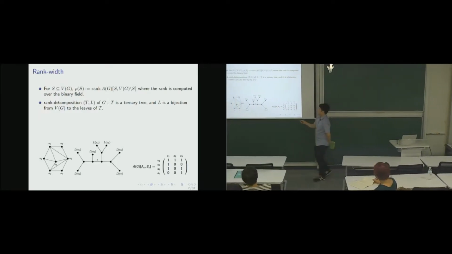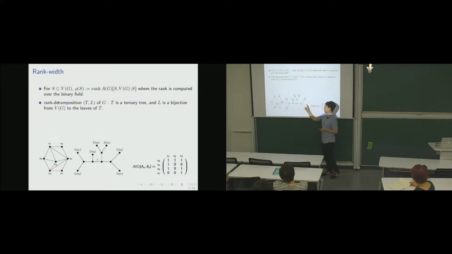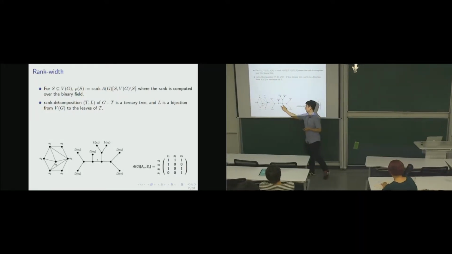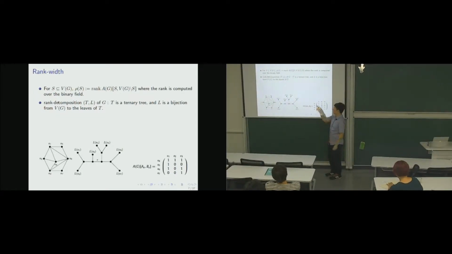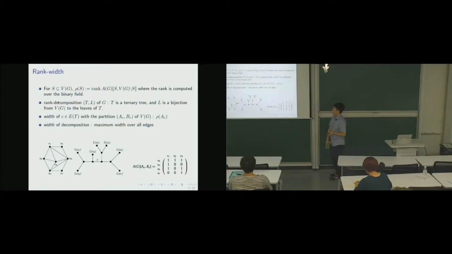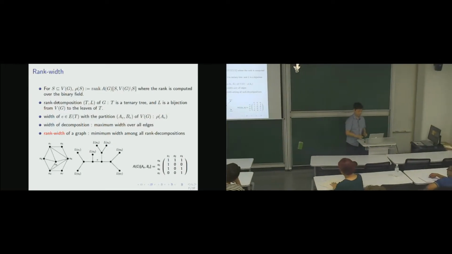And the rank decomposition consists of a tree whose internal vertices all have degree 3, and then you have a bijection from the vertices to the leaves, and then for each edge you get a partition of the vertex set, right? And then you measure the cut-rank function, and you take the width of e as this value. And the width of this decomposition is the maximum width over all edges, and then the rank width is the minimum width over all rank decompositions.